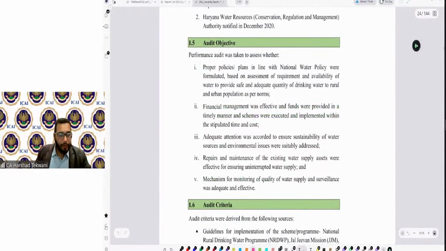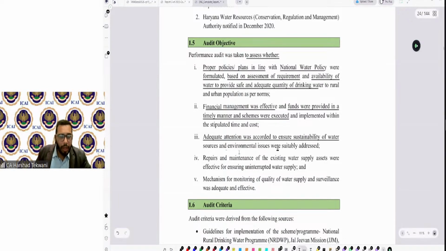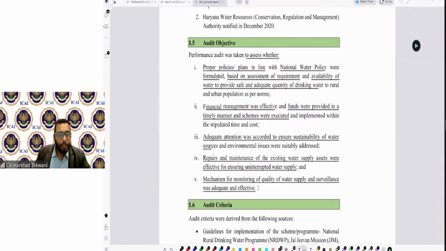Here, the objective, if you see, is to assess whether proper policies and plans in line with the national water policy were formulated based on the assessment of the requirement, availability of the water to provide safe and adequate quantity of drinking water, financial management was effective and the funds were provided in timely manner, adequate attention was accorded to ensure sustainability of the water sources, repair and maintenance of the existing water supply assets were effective for ensuring uninterrupted water supply, mechanism for monitoring of quality water supply and surveillance was adequate and effective.